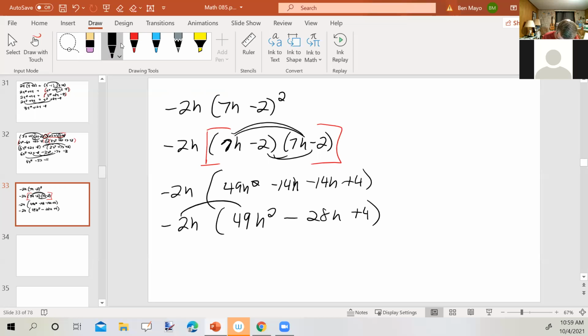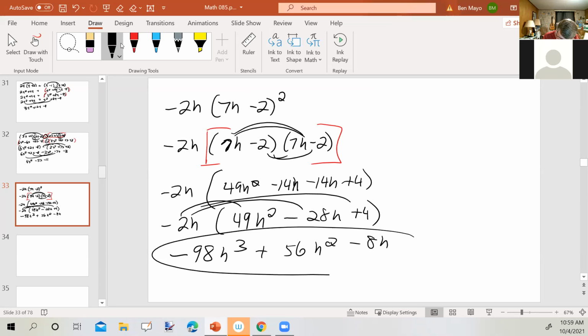Now I'll distribute: negative 98h cubed plus 56h squared minus 8h. If I were to have multiplied those together first and then distributed those to here, I should get the same answer. Any questions about that?